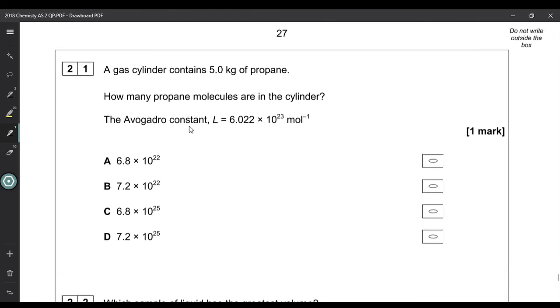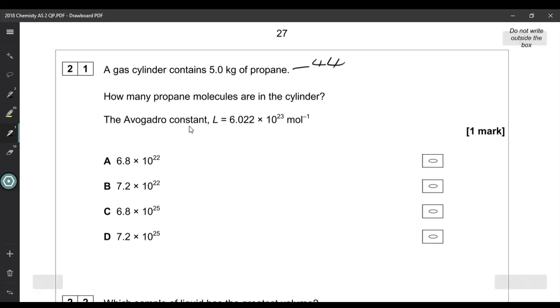A gas cylinder contains 5 kilograms of propane. How many propane molecules are there in the cylinder? And we're given Avogadro's constant. So for this one, what we need to do is work out how many moles are in 5 kilograms of propane. The molecular weight of propane is 44.